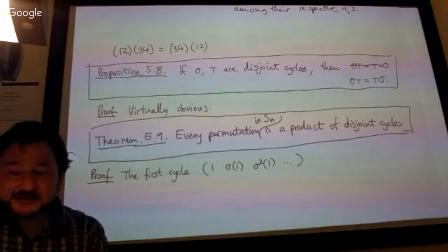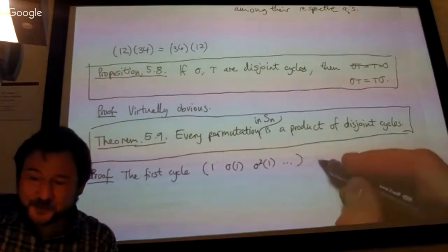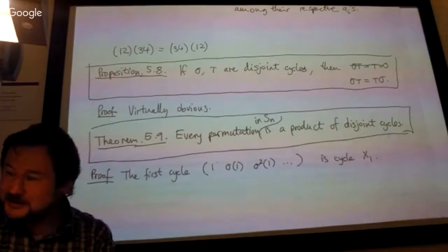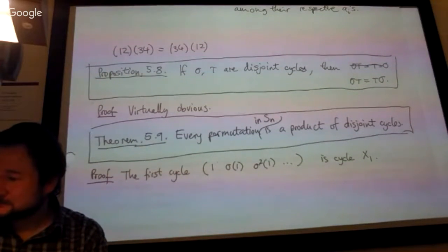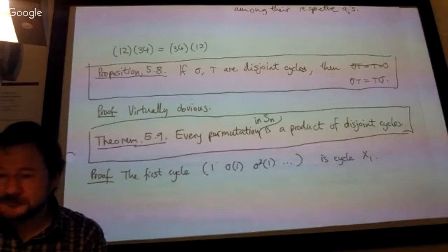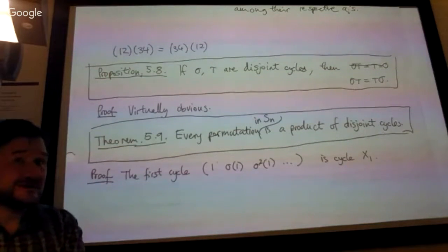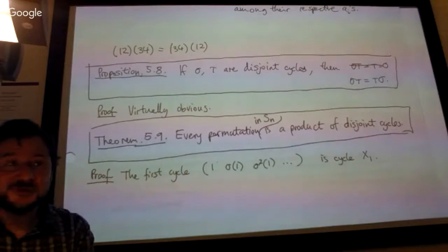That is cycle x1. Then you're left with fewer elements than you started with, okay?